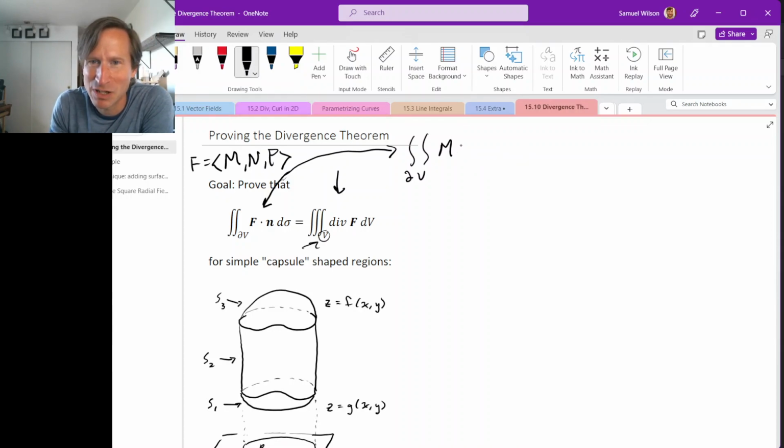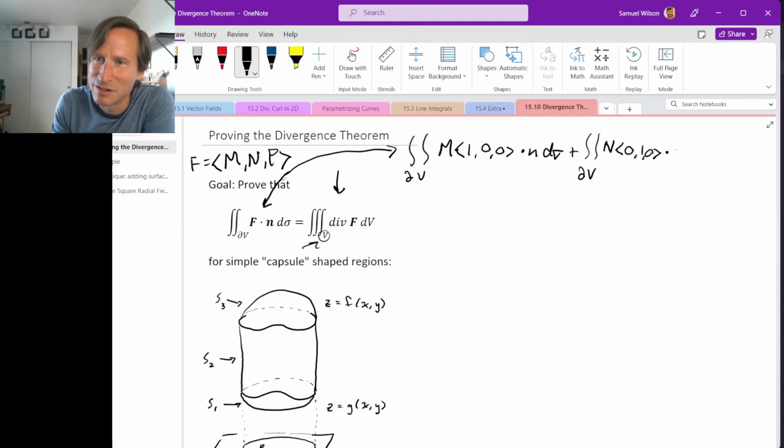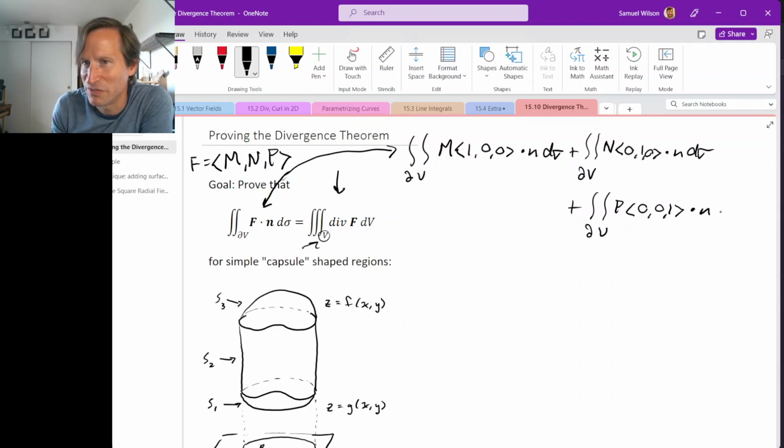What I need here is capital M times (1, 0, 0) dotted with little n d sigma, plus the surface integral over the boundary of the volume of capital N times (0, 1, 0) dot the normal vector d sigma, plus the surface integral over the boundary of the volume of P times (0, 0, 1) dot the normal vector d sigma.